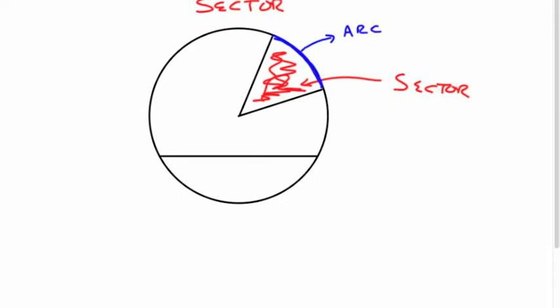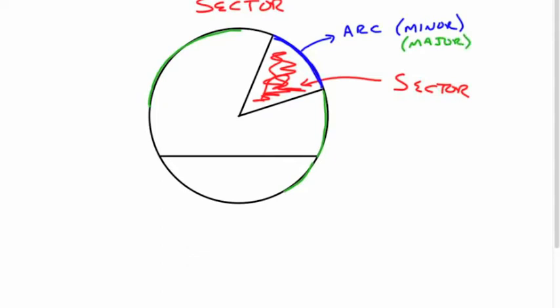Now, you can technically have a minor arc or you can have a major arc. A minor arc is a small piece that's less than 180 degrees, so it's going to be this part here. A major arc would be one if we were taking around the whole outside all of the way around. That would be considered a major arc.